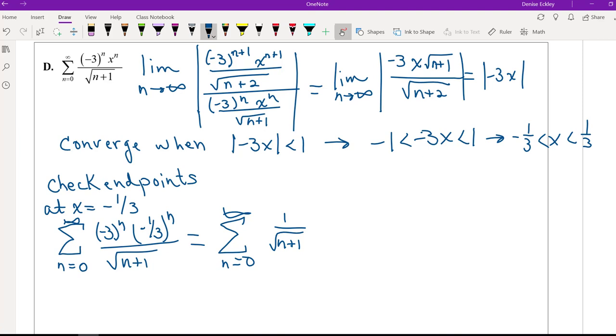So what we'll do is we'll compare it to this series, one over the square root of n, which is a divergent p-series.